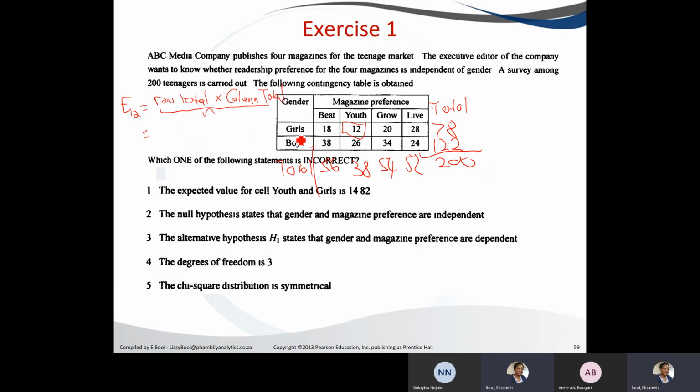So what is our row total? Row total for girls is 78. Multiply by the column total for youth, which is 38. Divide by 200. So here we have 78 times 38, divided by 200, equals 14.82.